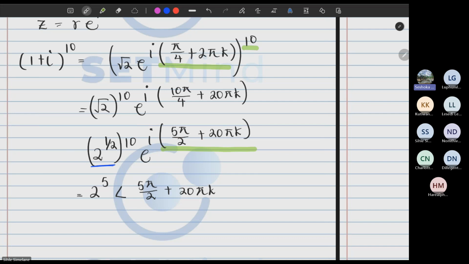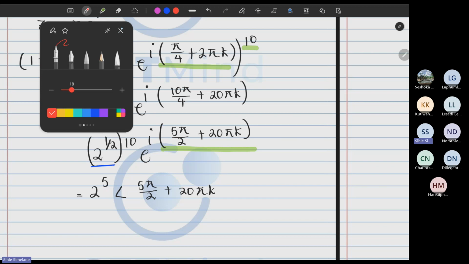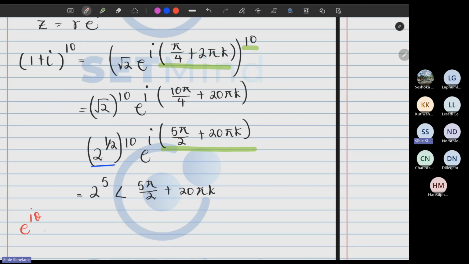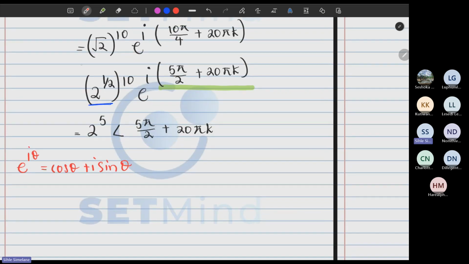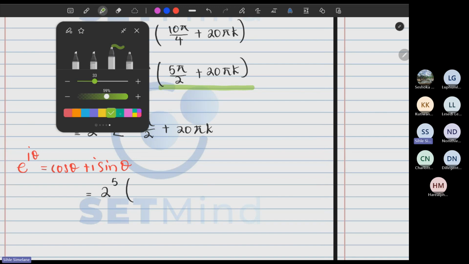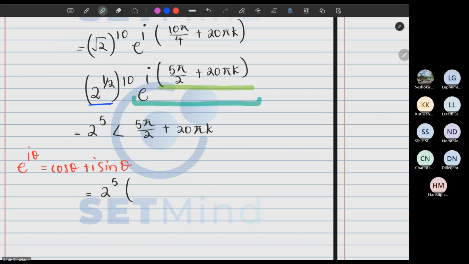Oh, so the answer had cosine sine, so that Euler form to the other one. Yes, so what we were supposed to do is, you know that e to the i theta is cos theta plus i sine theta. So it means they wrote it in what you call real imaginary form, the final answer. So we'll have 2 to the 5, open bracket. When you look at this part here, we can clearly see that all of that is our theta.